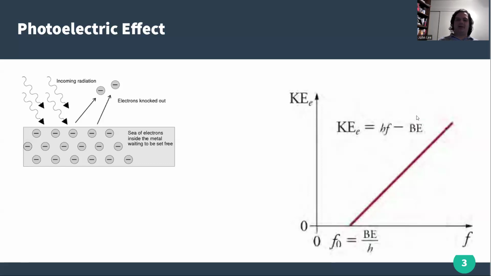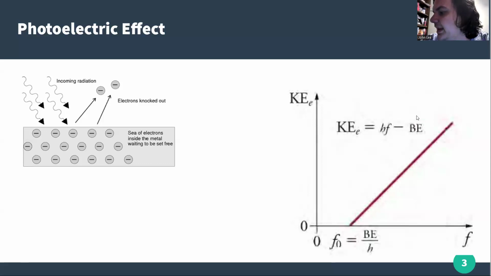and the intensity doesn't matter. If you were expecting it to be only waves, then what you would see is that as you had a higher intensity of light, more electrons would be knocked out because you were coming at it with more energy.